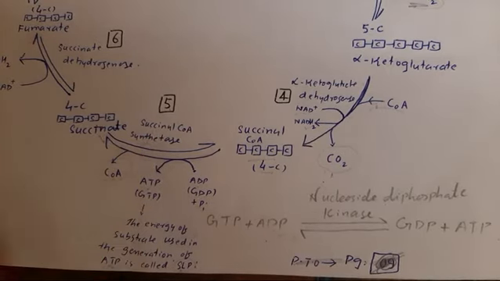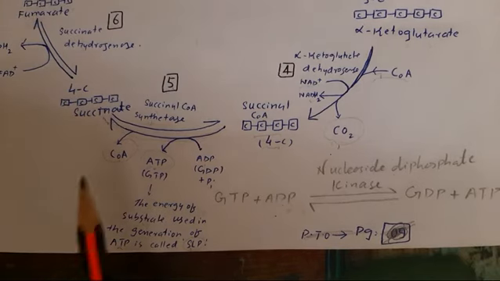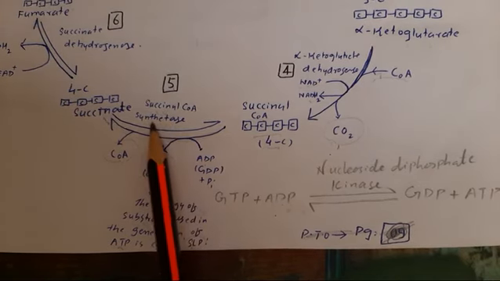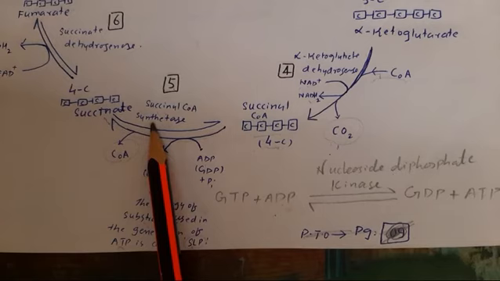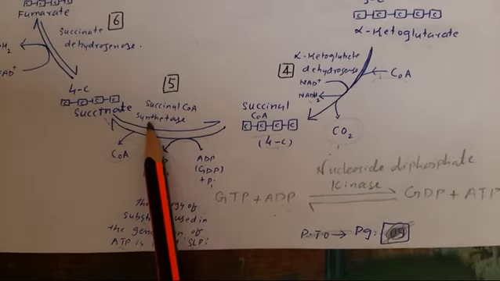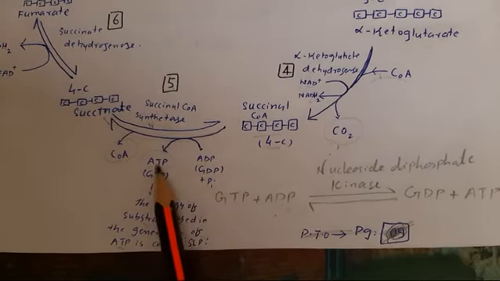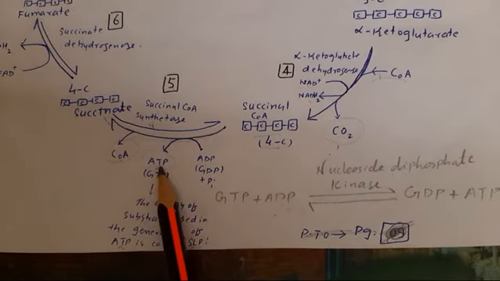Now you must know that in plants, this enzyme succinyl-CoA synthetase produces an ATP molecule.